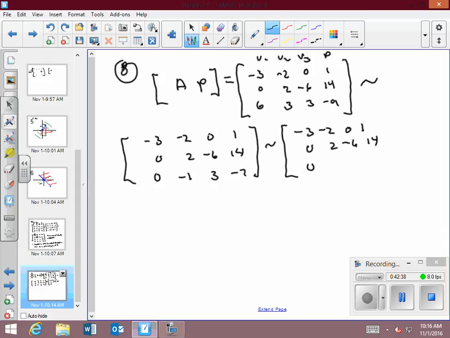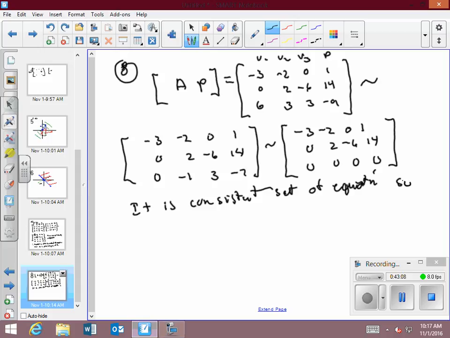And then I'm going to multiply by half. So 1/2 of that is 0, 0. So what I have is a consistent set of equations. So P is in column A.